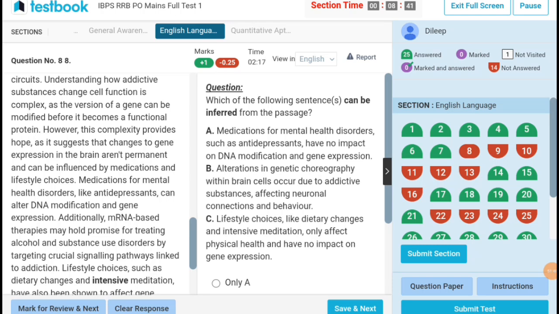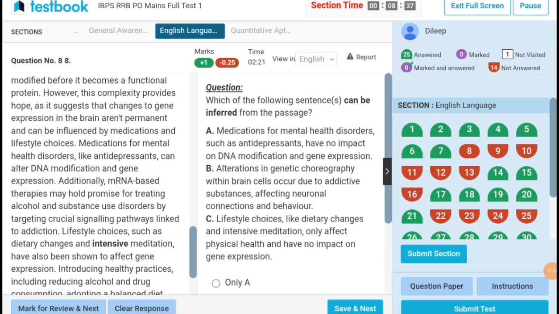Medications for mental health diseases such as antidepressants have no impact.